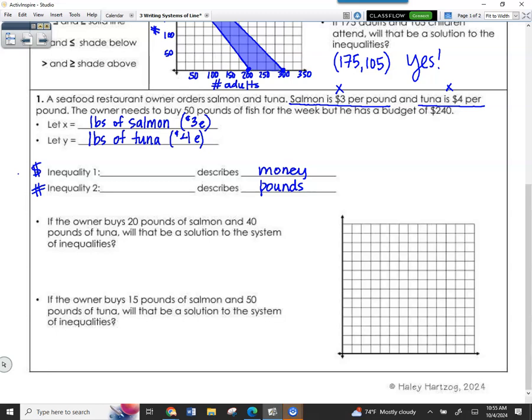All right, write your inequality for money. This is great. You have one small problem, and it's the inequality for your count. Needs 50 pounds. So what would needs 50 pounds mean? It can be equal to, what else can it be?